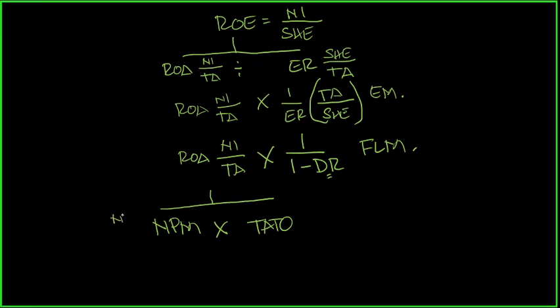This is actually net income divided by sales, while your total asset turnover is your sales divided by your total assets. Okay? So, if you try to look at this, things will cancel out. Now, is this another way to compute for your return on asset or another way to compute for your return on equity?